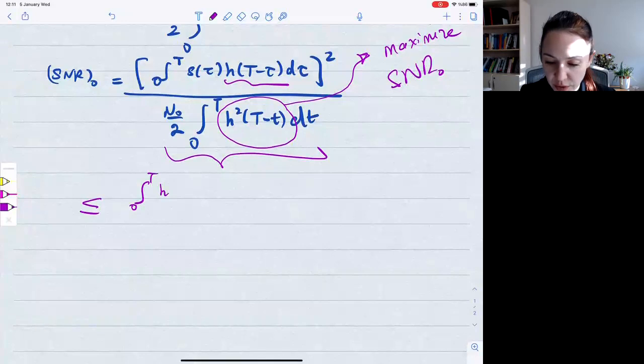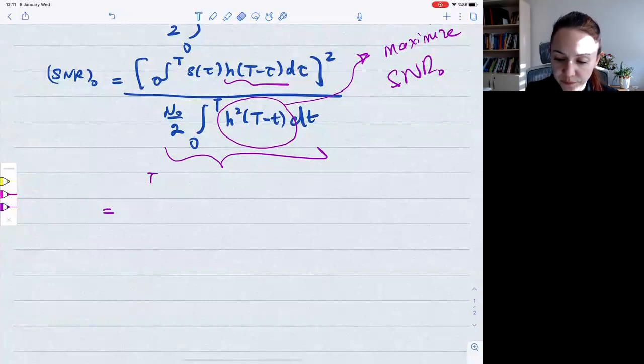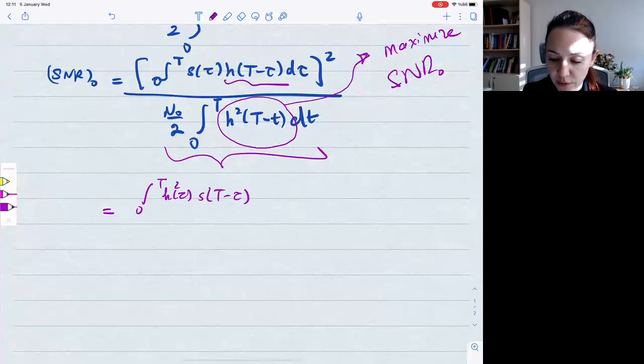By the way, before I do that, let me write this down. The numerator I can also write as the integral from 0 to T of h of tau times s of T minus tau, d tau, by a change of variables.